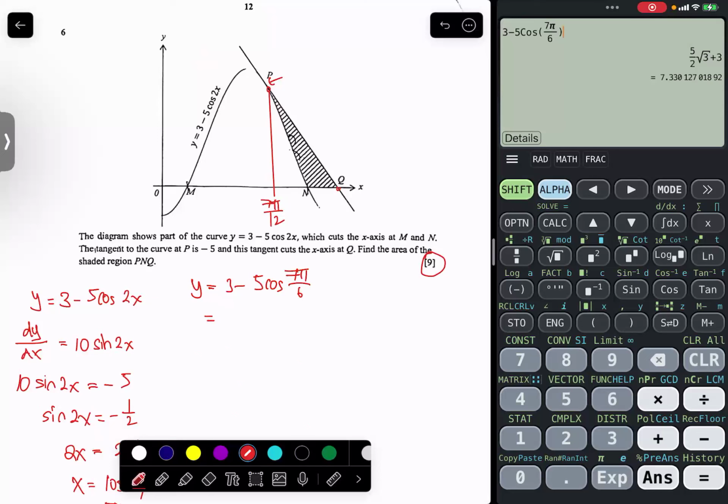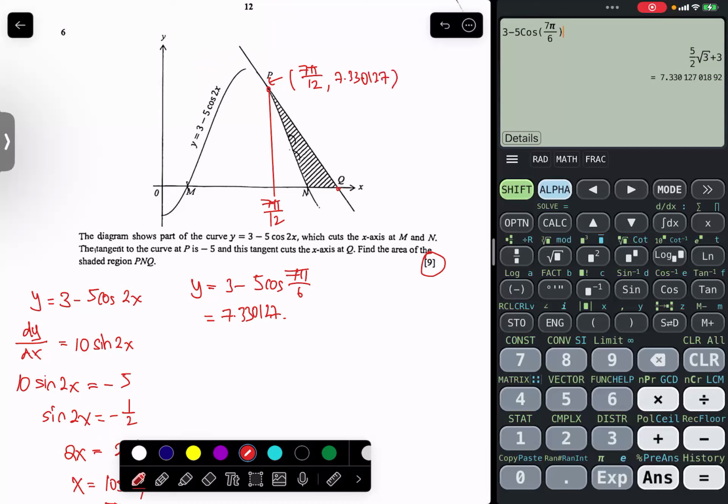Your calculator can't do this now, so we just have to take the decimal value, 7.330127. So this point is 7 pi over 12 and 7.330127.